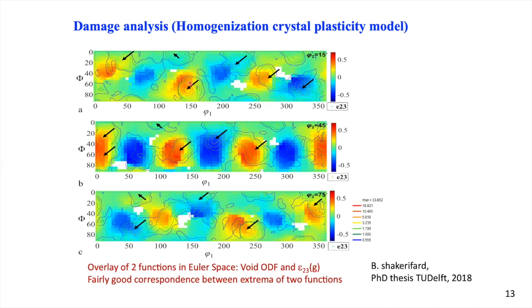These graphs are overlays of, on the one hand, the void ODF, so the crystallographic orientations in the direct vicinity of voids, and on the other hand, the distribution of a specific component, epsilon 2,3, of the strain tensor. Right? And you can see in these graphs, wherever you have a maximum or a minimum of these strain components, you have a maximum on the void ODF.